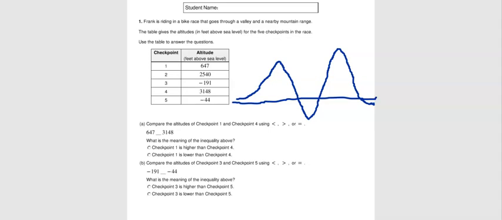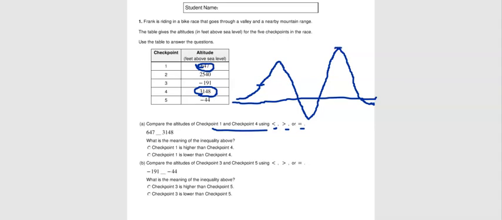It says compare the altitudes of checkpoint 1 and checkpoint 4 using greater than, less than, or equal to. Obviously, if you're here at 647 and you're going to go to 3,148, the 600 something would be here and the 3,000 would be up here.